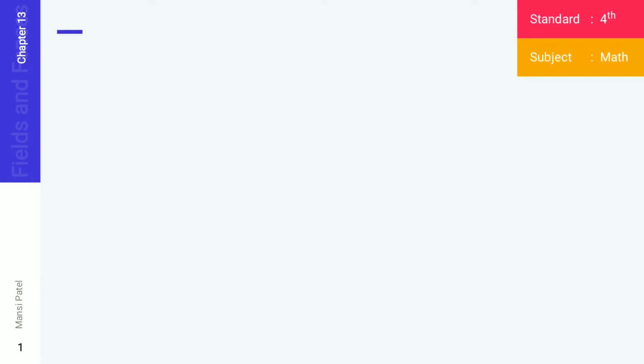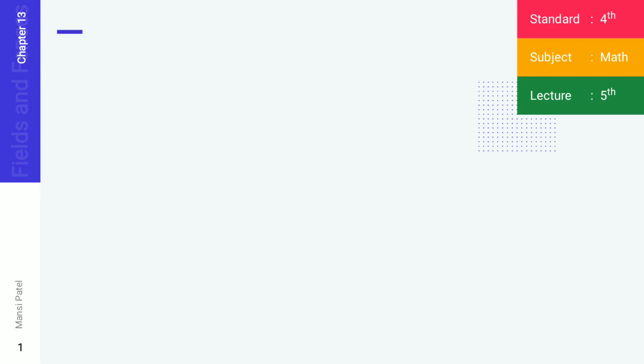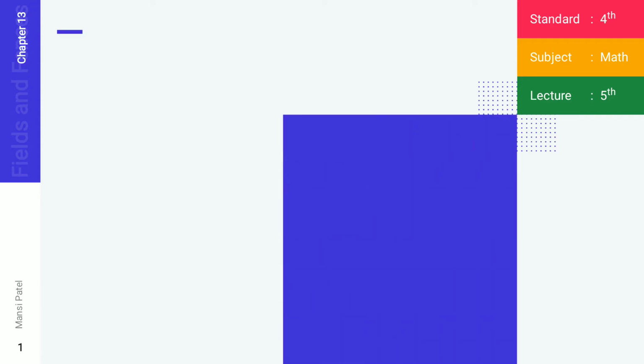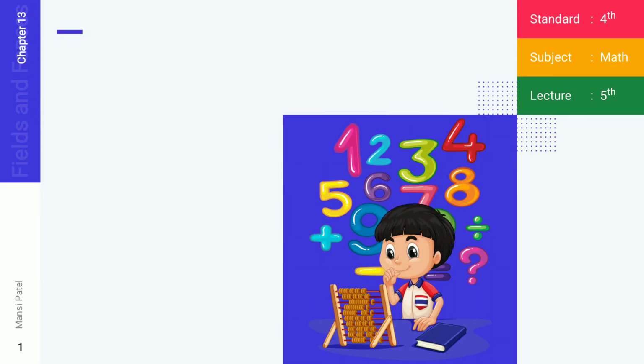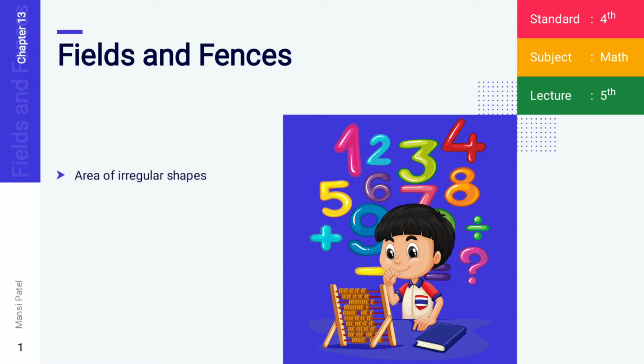As you know already, the name of our chapter number 13 is Fields and Fancies. Now this is our last online session of this chapter. So in today's session, we are going to study area of irregular shapes.